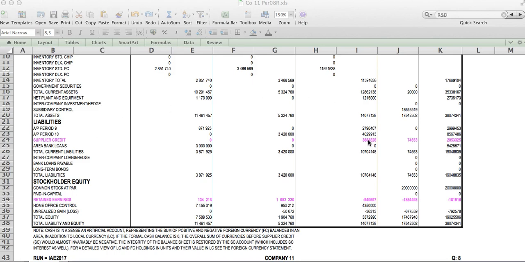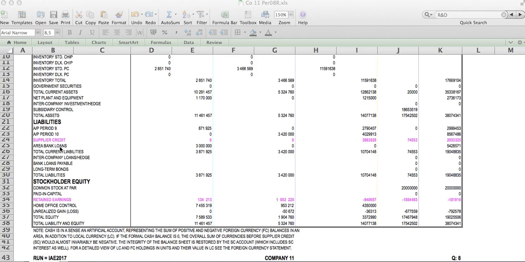This company has a supplier credit in Brazil, and it has also a supplier credit in Liechtenstein, and the consolidated is this much. So this is essentially the sum of these two. They have no supplier credit in the US and Europe, which is good.